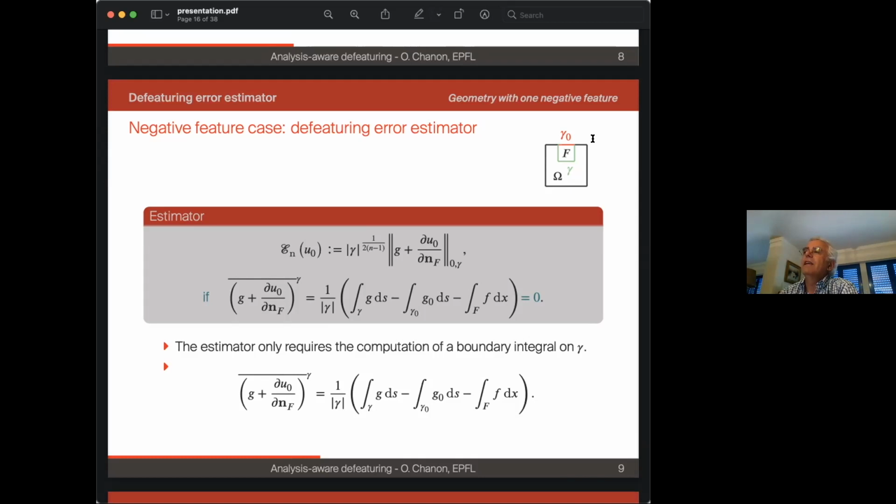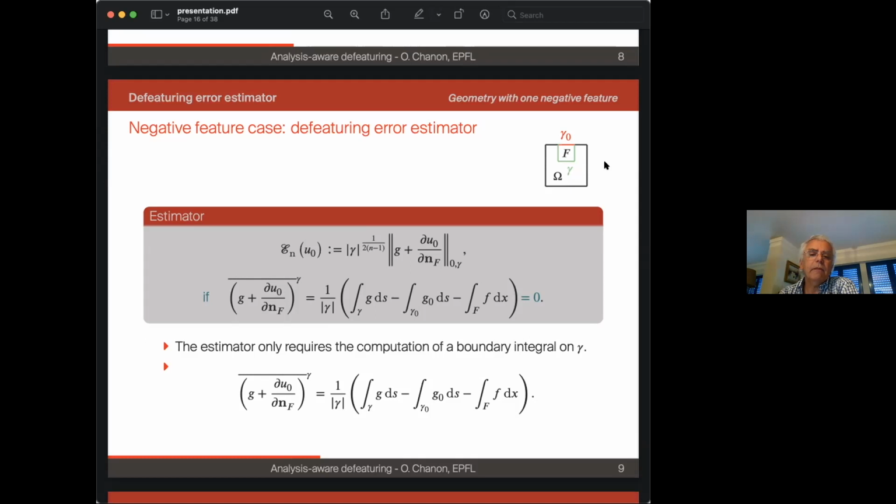This is true. Actually, there is a new question by Professor Pedro Dias. If you don't account in the estimator for the value of the defeatured solution inside the features, then for global quantities like energy, this might be a problem. So in the case of a negative feature, like a hole, the only thing that interests us is really the value of the normal derivative at the boundary of the feature.